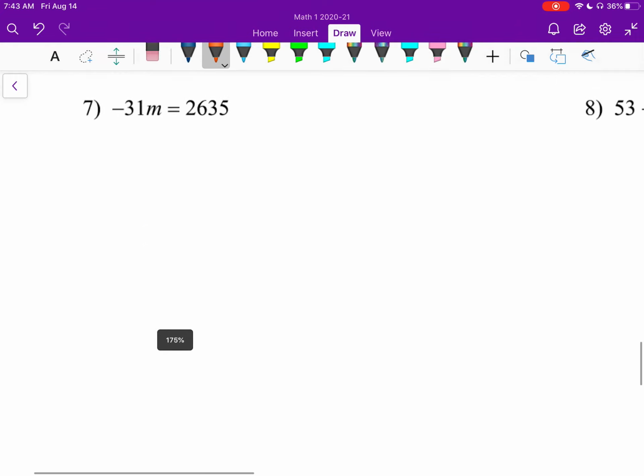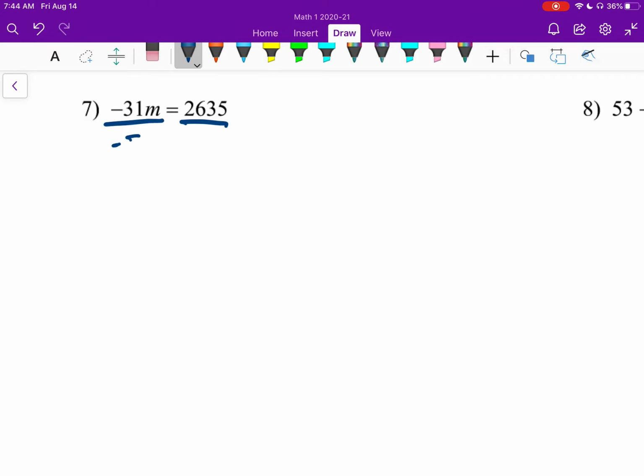Number 7. All right, number 7 is a whole lot like number 6. We've got our coefficient in front of our variable. To get rid of that coefficient, to get rid of that negative 31, we're going to need to divide. My negative 31s can cancel on the left, right? Because it's the same thing on the top and bottom. This is a whole lot like if you have 5 over 5, they cancel out. It's just like 1 over 1, or you can just say 1.